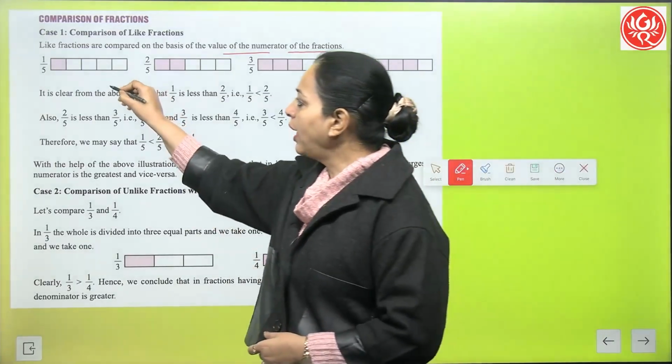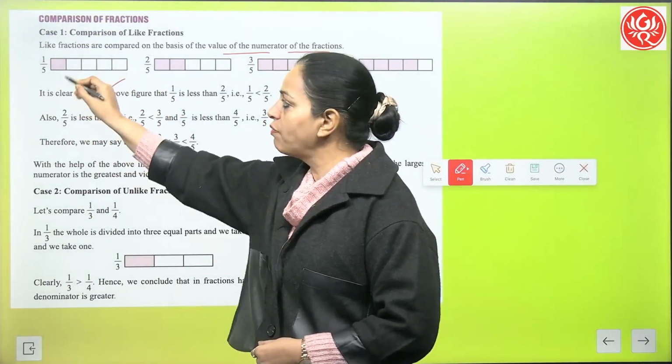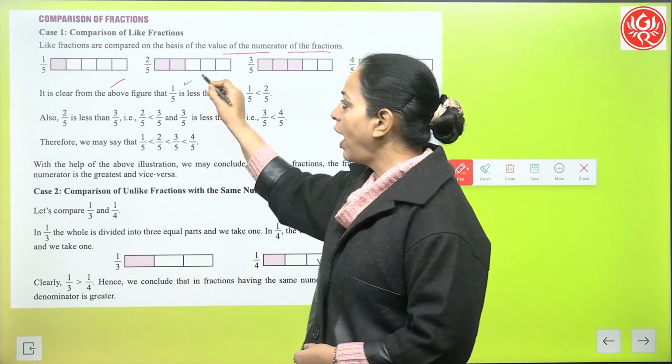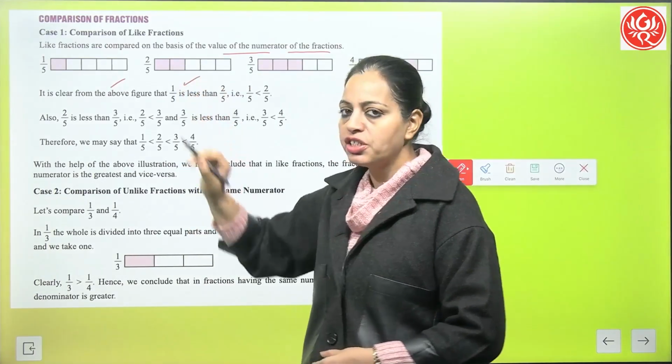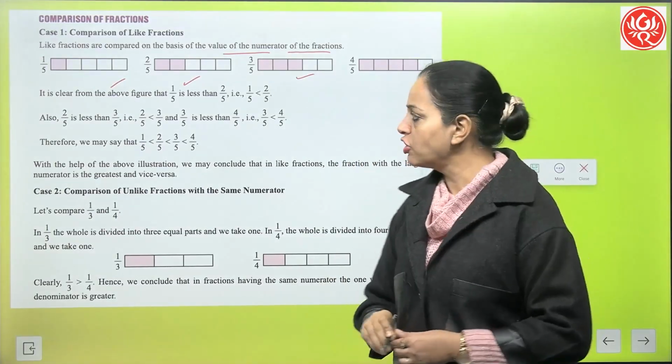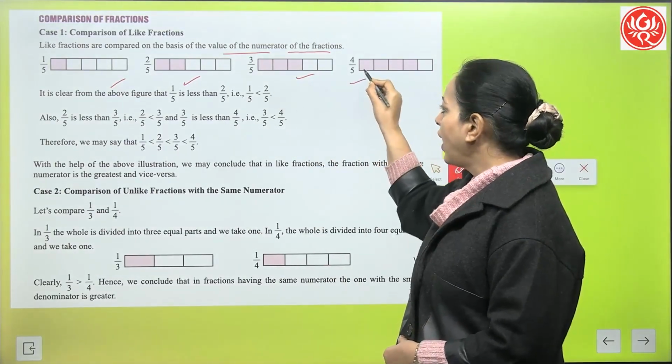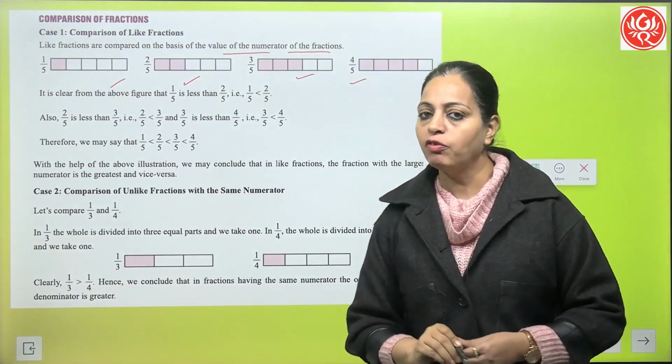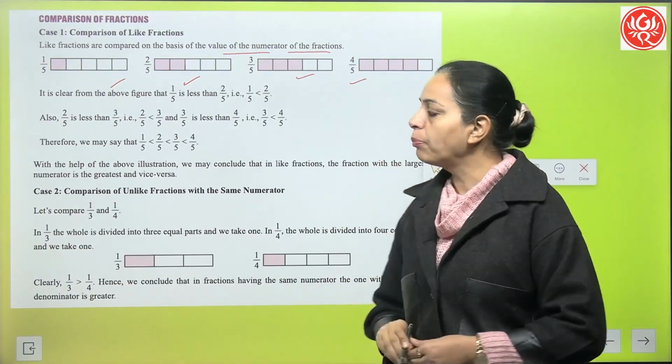See over here, we have total 5 parts, 1 by 5. Then we have total 5, 2 are shaded, 2 by 5. Here we have 3 out of 5 shaded, 3 upon 5. And here total 5, 4 are shaded, 4 upon 5.